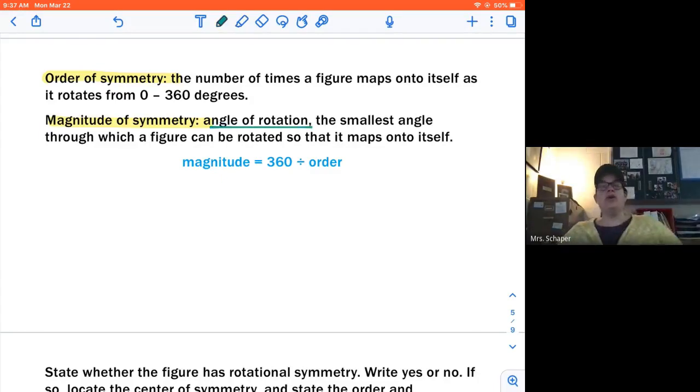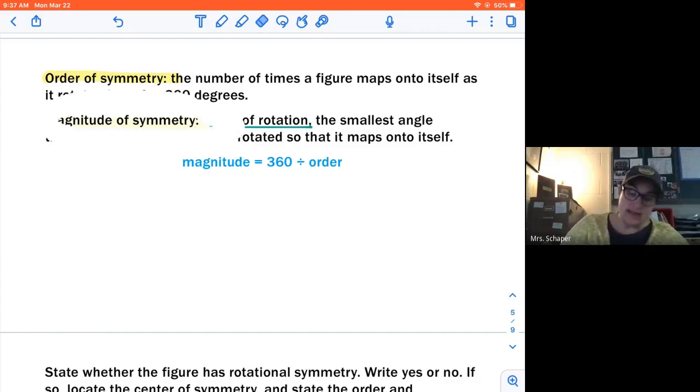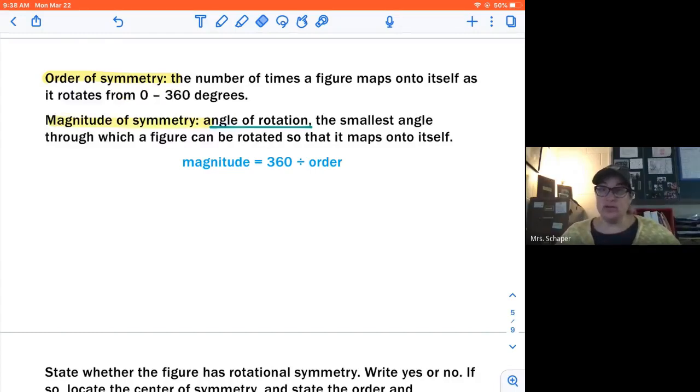So if a square has order 4, the magnitude is 360 divided by 4. Each of those turns is 90. I do want you to make sure, because I'll ask you magnitude and I'll ask you order. Order is the number of times you can spin it from 0 to 360, and magnitude is 360 divided by that order. That's the number of degrees to the first turn.